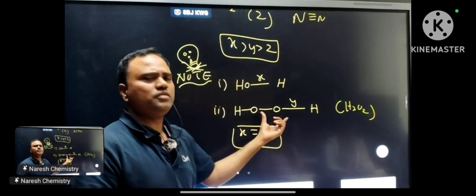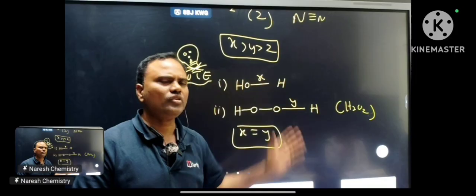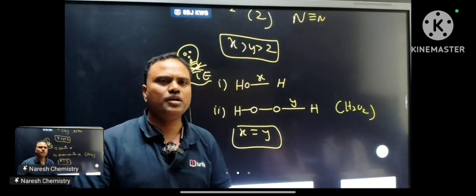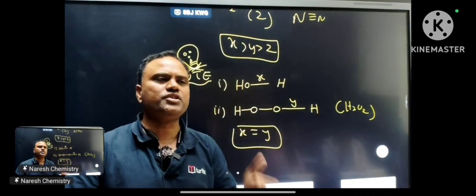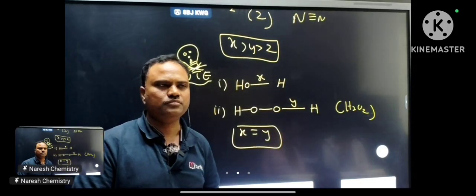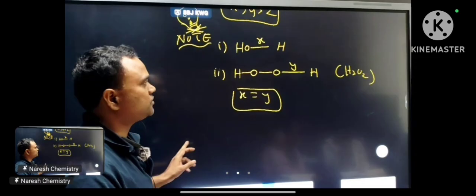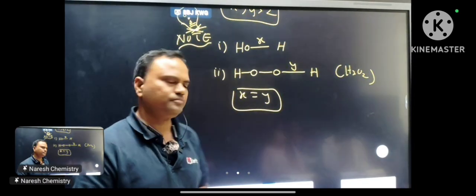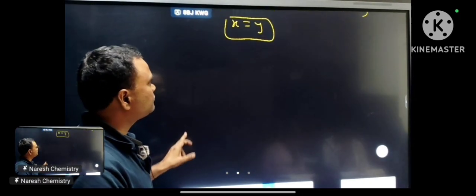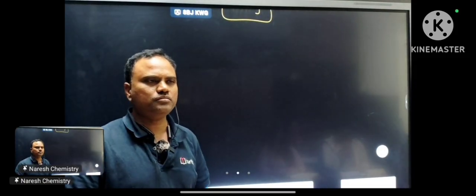This is a different molecule, H2O2 is a different molecule, water is a different molecule. But you are considering the length between H and O, which is the same. This is very important. Okay. That is about bond length.